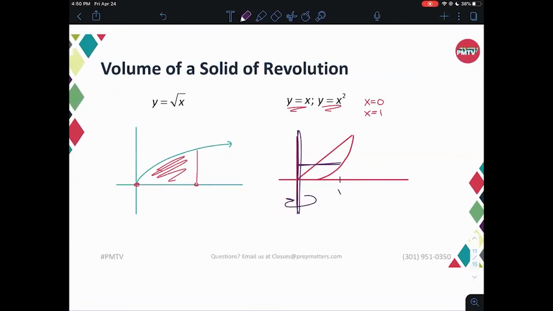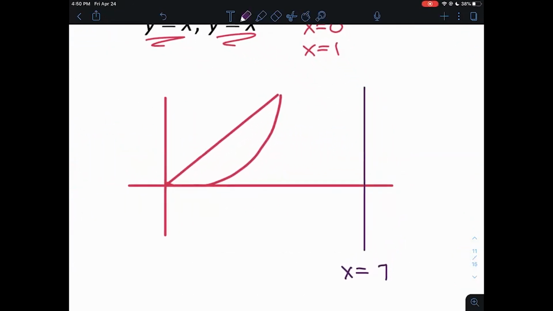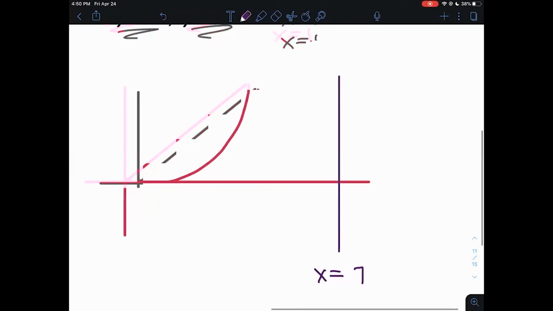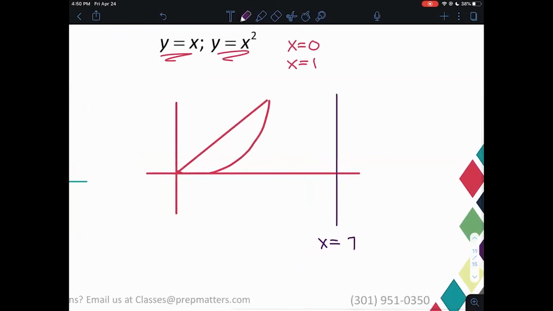If I manipulate that even more, I'm going to take this one the opposite way that I took the last one and say, let's rotate this around a vertical line, let's say, for instance, x equals 7. Well, now my outer radius, so now we're going this way.